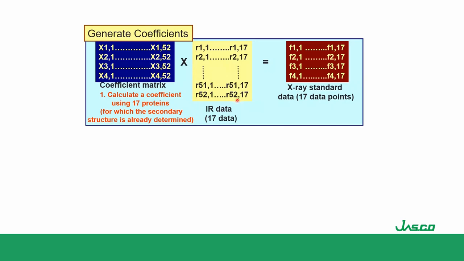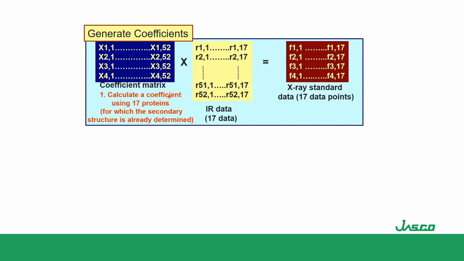The IR data of these 17 different proteins is measured, and with these two data sets, the coefficient matrix is calculated.